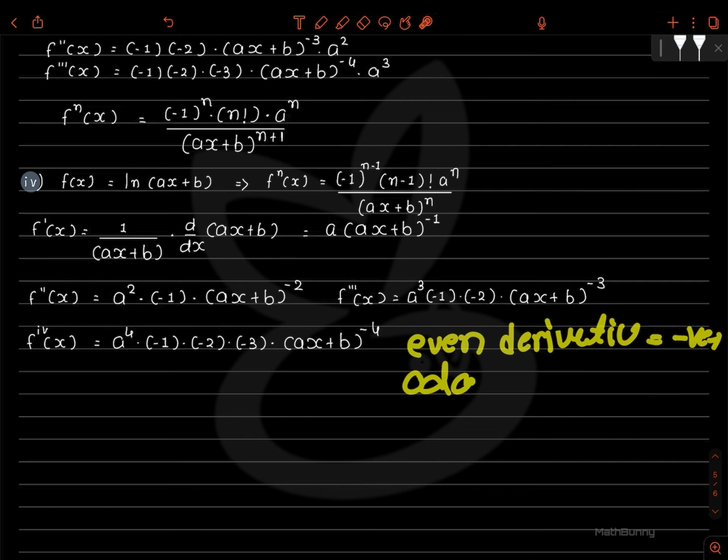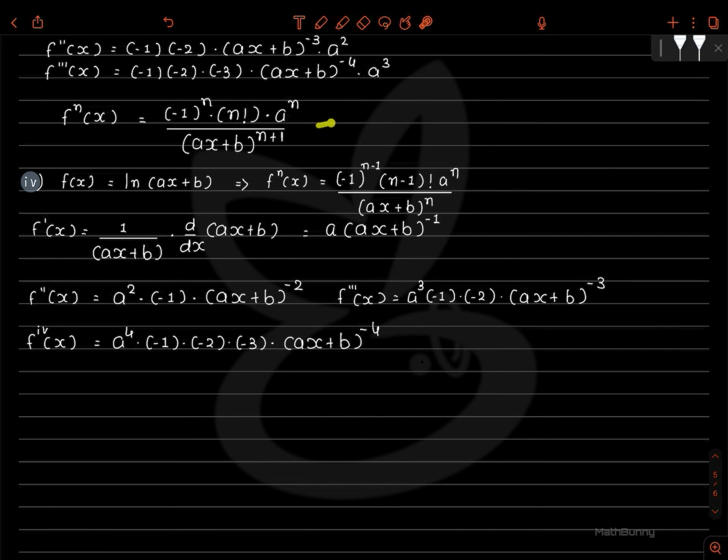For every odd derivative, the term is positive. Unlike the previous example, in the previous example, for every even derivative, the term is positive, and for every odd derivative, the term is negative.